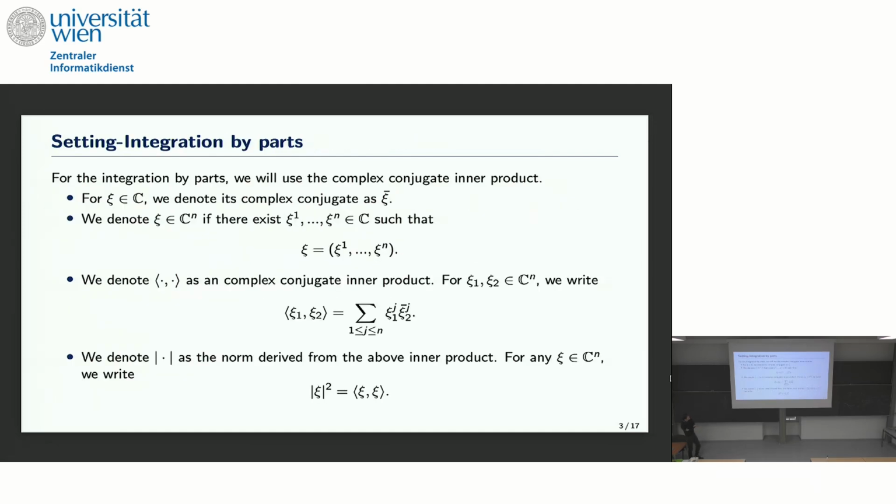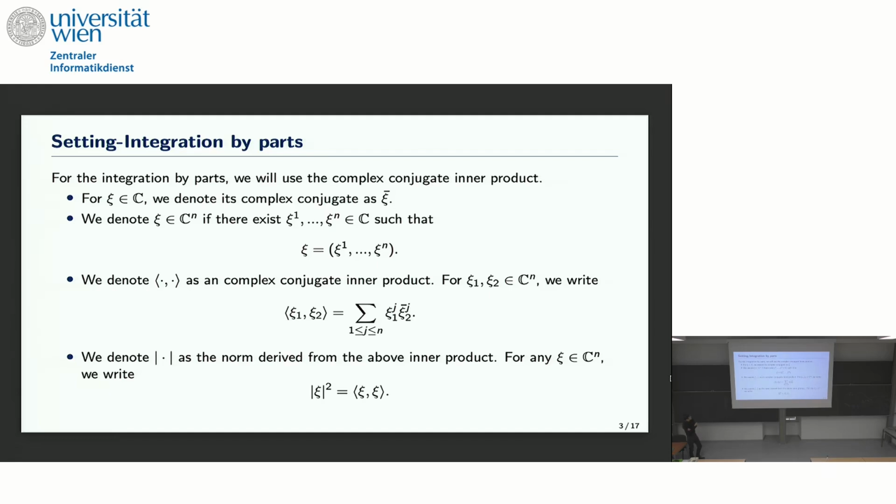For the first setting, to define the integration by parts, the energy estimate will take place by using the complex conjugate inner product. For any complex number, let me denote its complex conjugate in this way, by taking the bar. This is the vectorial case, whenever there are n components.